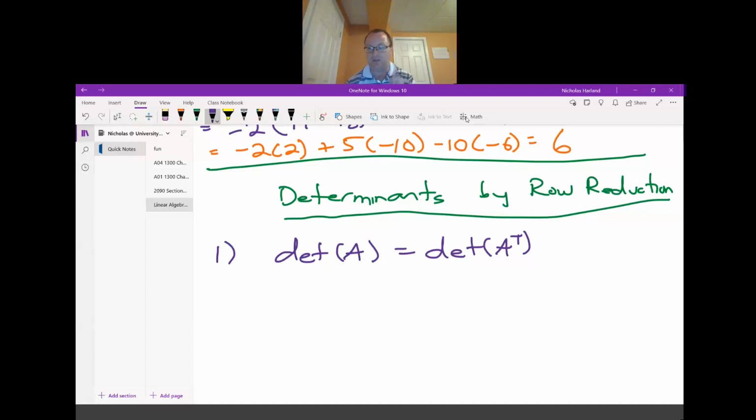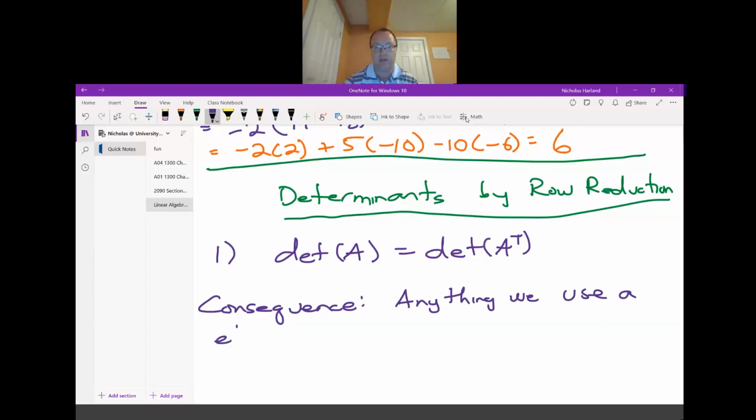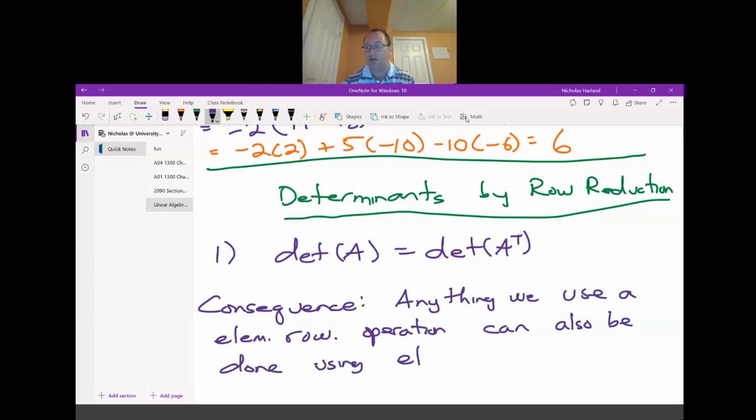So the nice consequence of this is while we tend to be very familiar with elementary row operations, anything we do with an elementary row operation can also be done using an elementary column operation.